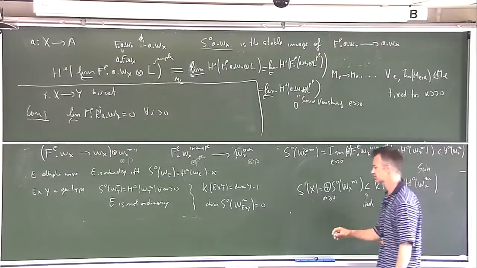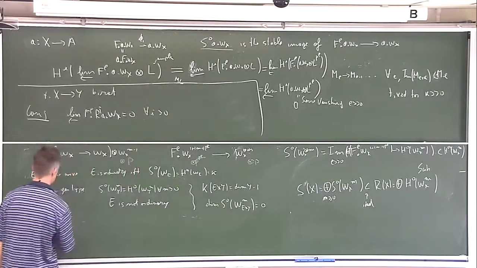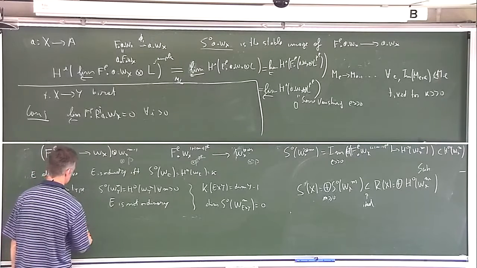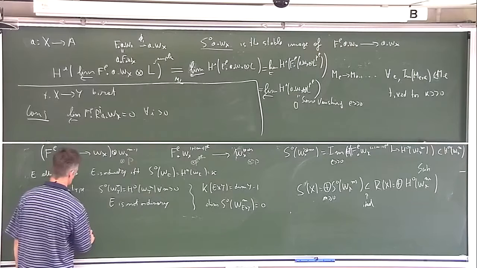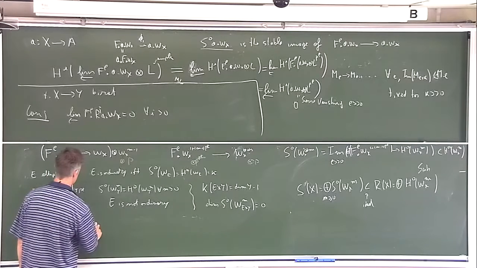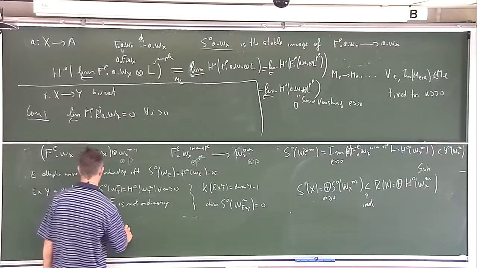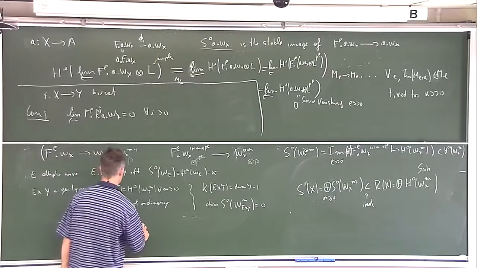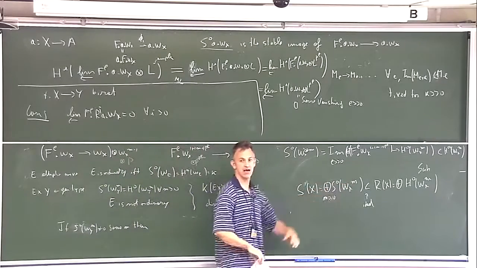Another thing that follows from this observation is that if S0 of omega_Y to the m is non-zero for some m, then essentially these two rings have the same size.